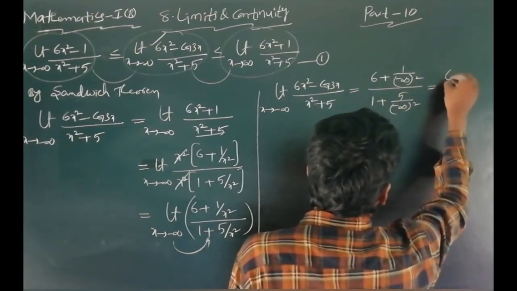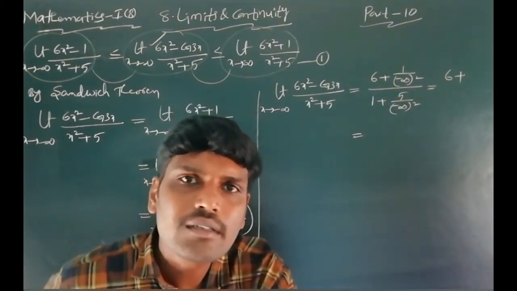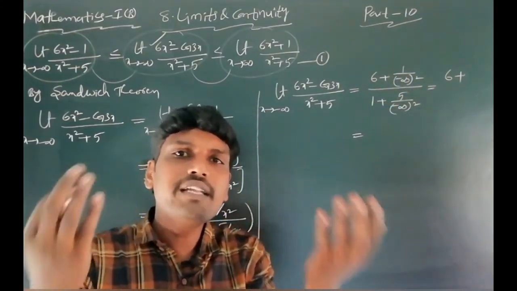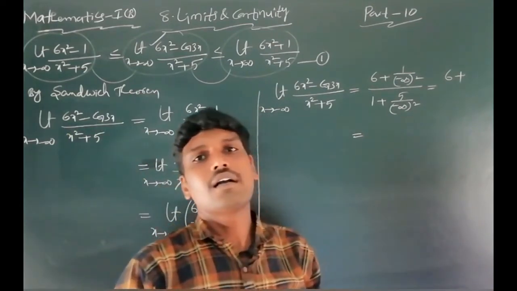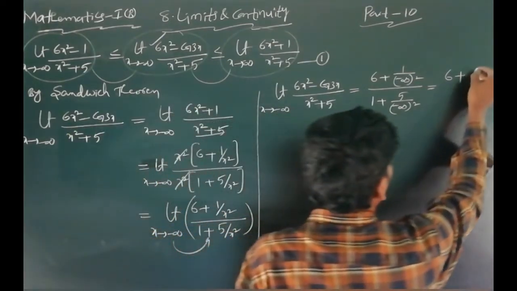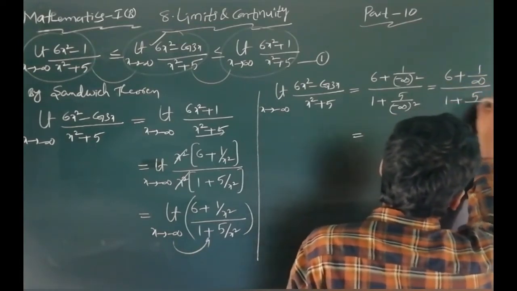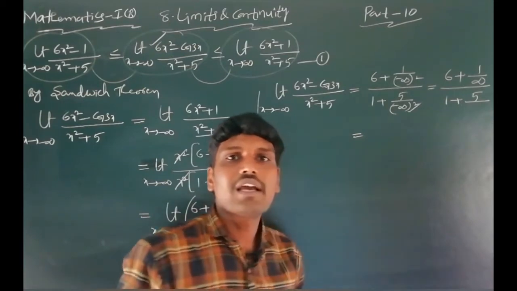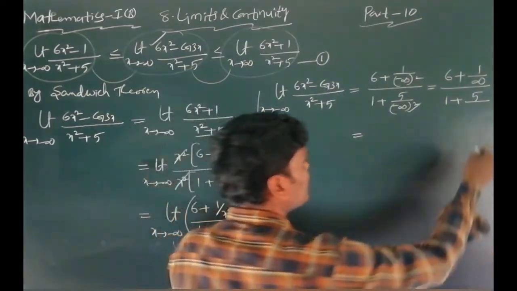Here 1 by minus infinity square is nothing but infinity square, and infinity square is nothing but undefined, always coming to undefined. That's why you can write 1 by undefined. Here also 5 by minus infinity square is nothing but infinity square, also equal to undefined.